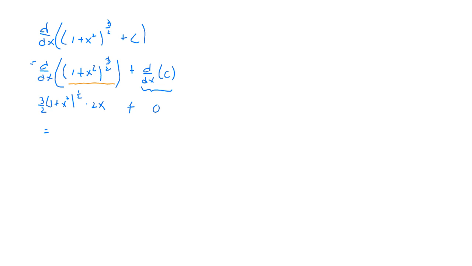So this is a way you can check if your answer is right. Those 2's cancel, and you're left with 3x times the square root of 1 plus x squared. That was our original integrand.